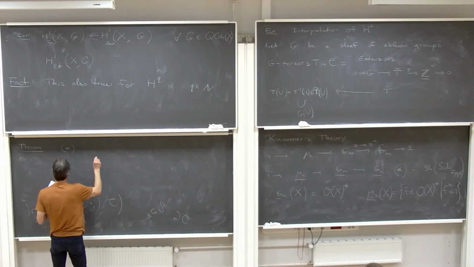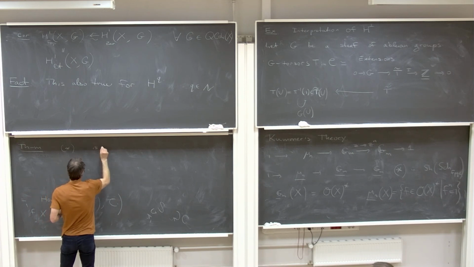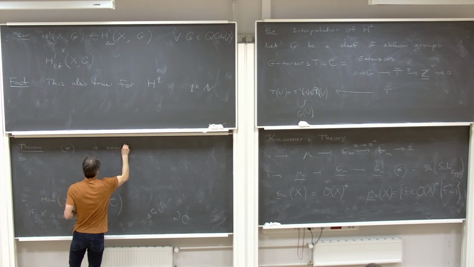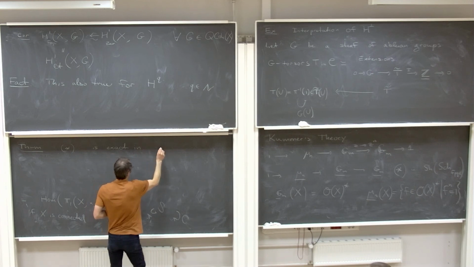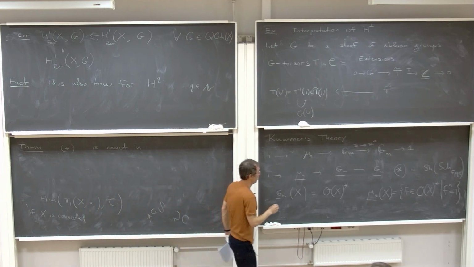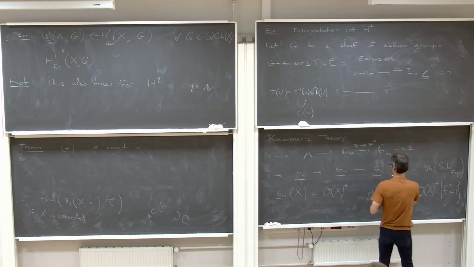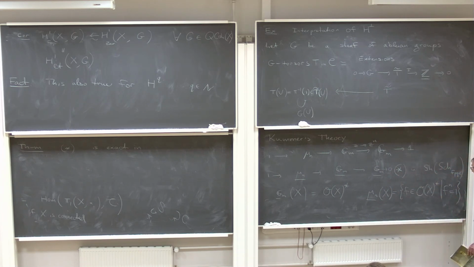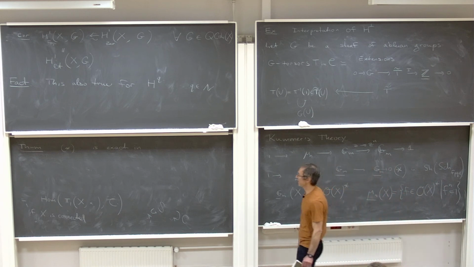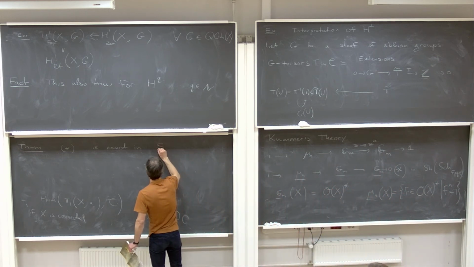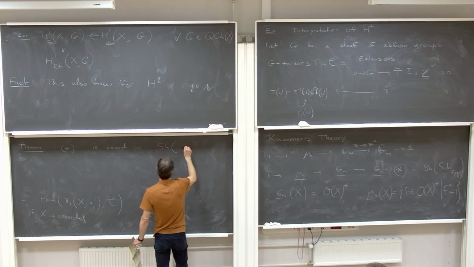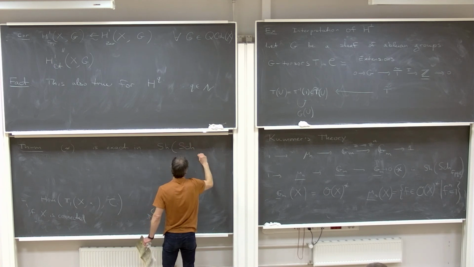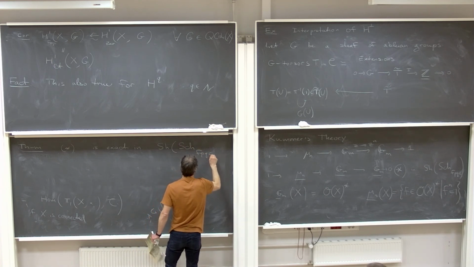I claim that this sequence is exact, with 0 here, I didn't write that it's exact. It is exact in the category of sheaves on all schemes in the fpqc topology.